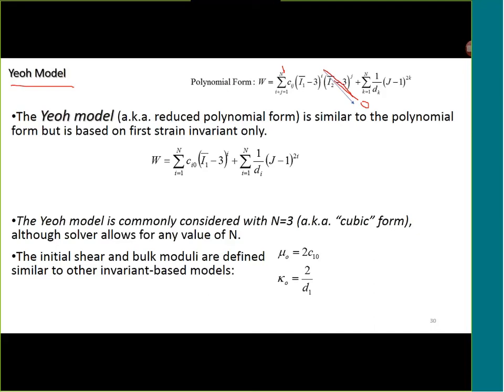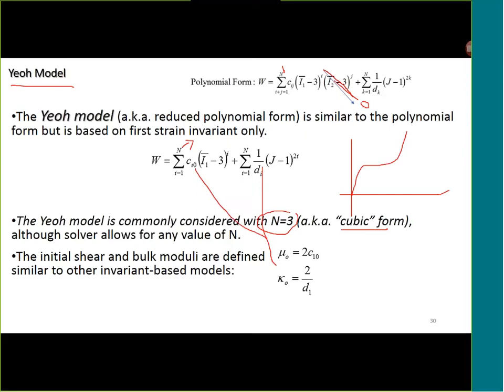Again, the Yeoh polynomial can have a different order. The commonly used Yeoh model is with polynomial order of 3, so that it can capture a slightly complex stiffening behavior with a cubic form.